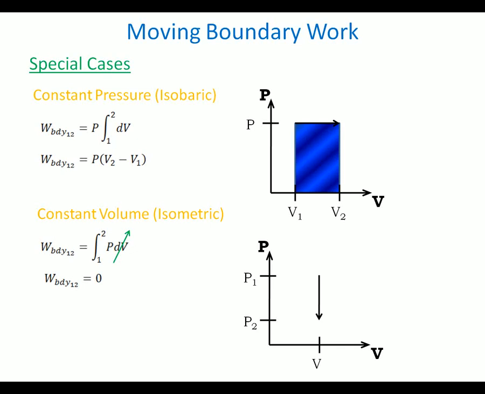So for a constant volume isometric process, there can be no moving boundary work. The boundary is defined by the limits of our volume, so if we're not changing the volume, we can't change the boundary. We've shown it depictively and by calculus, and by common sense, if there's no boundary change, we can't have moving boundary work.